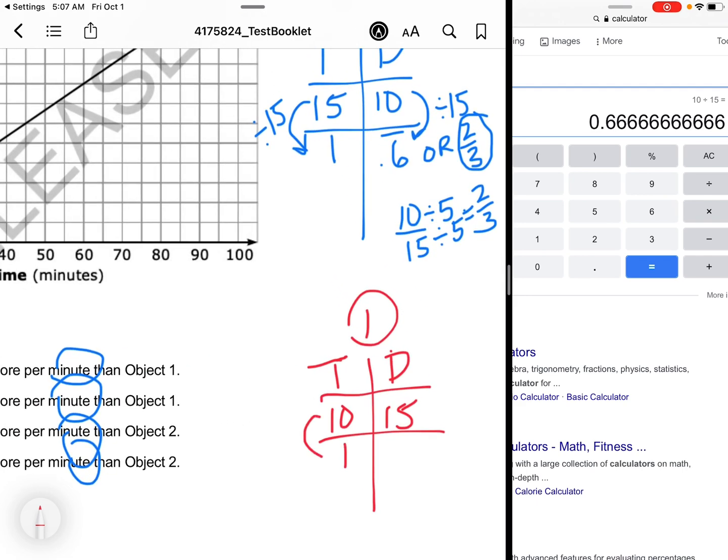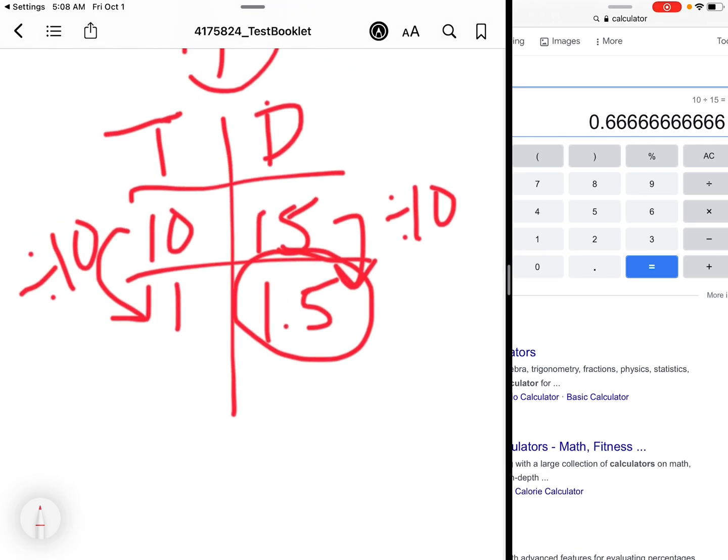So I want to figure out what 1 is, so I'm going to divide by 10. 15 divided by 10 is 1.5. Or I can do 15 over 10 divided by 5, and I get 3/2.